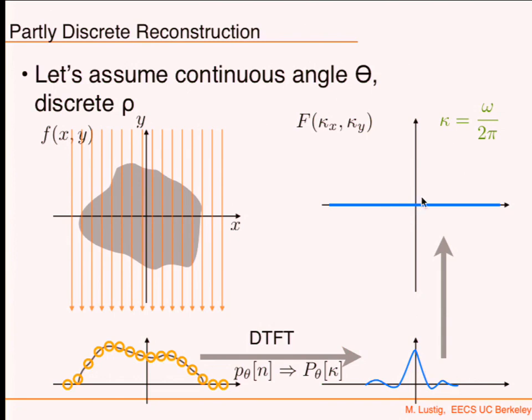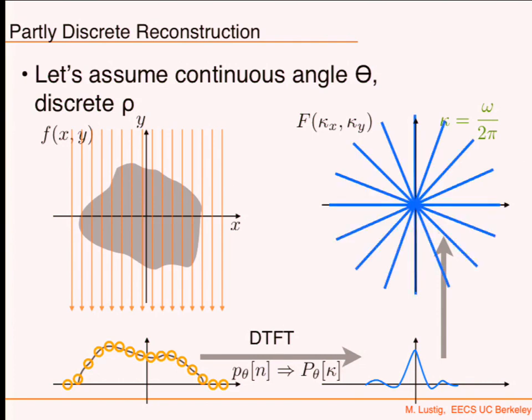And we put that on the 2D DTFT of that object. And in that case, we've got, again, a continuous space of the 2D discrete Fourier transform. Okay, so we can cover that for all possible thetas and all possible rho.